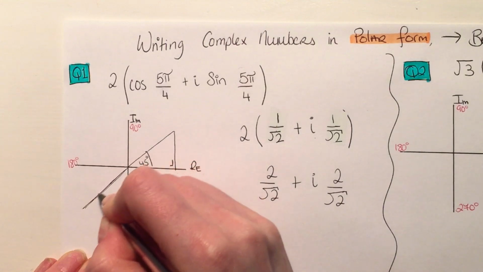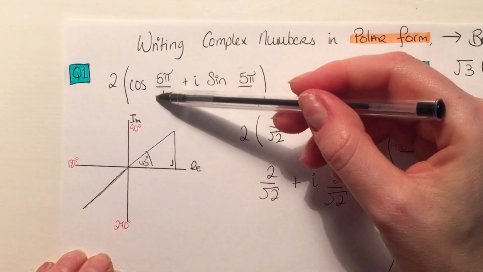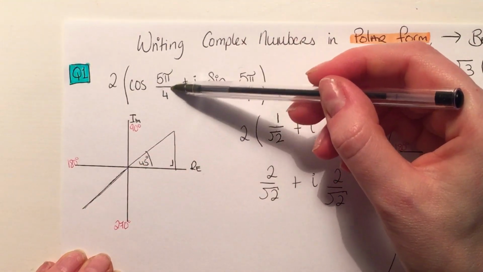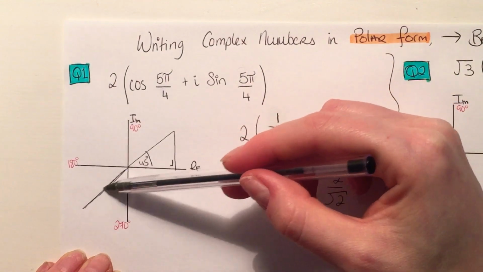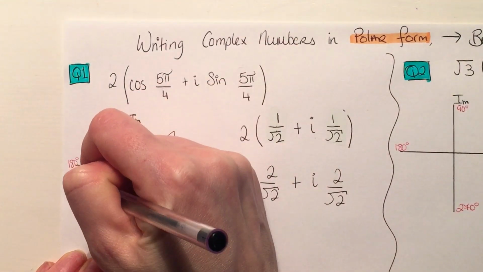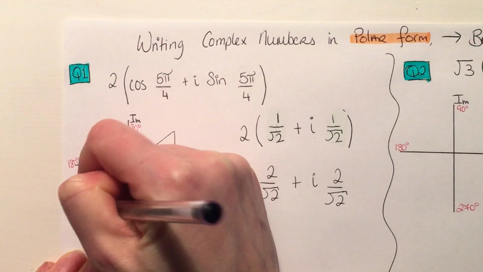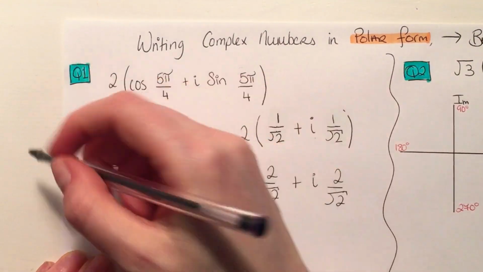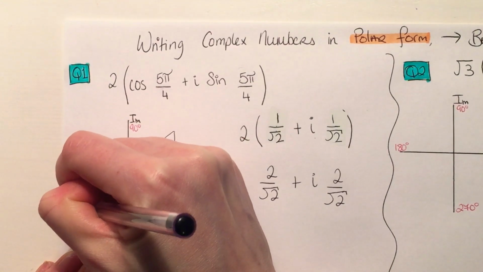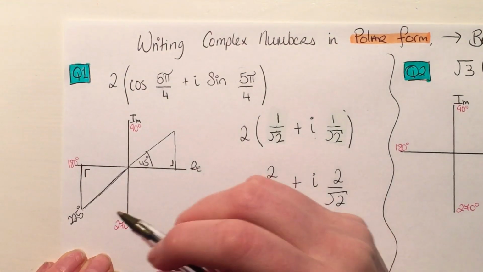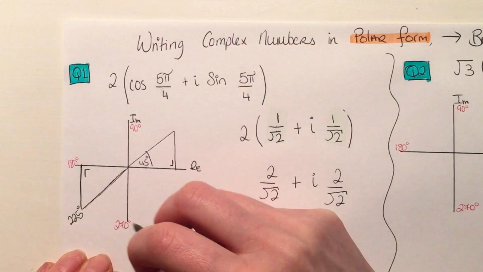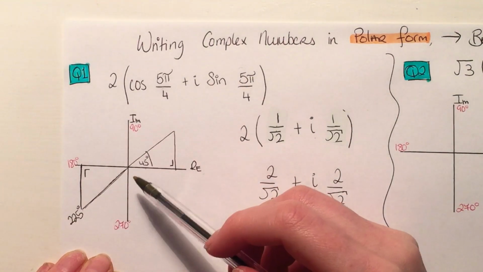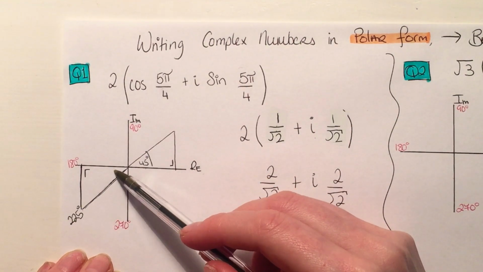So you can see that this 5 being multiplied by the pi over 4 takes us into a totally different quadrant. So then remember, your triangle always has to go to the x-axis. That's 90 degrees. Now, this is 225 degrees. Okay, so now you're not really concerned here about finding the argument or anything.